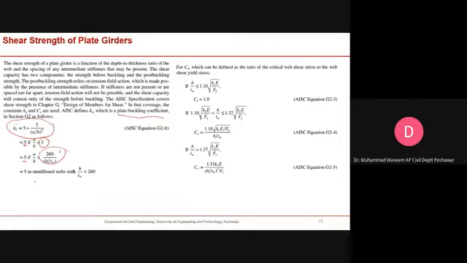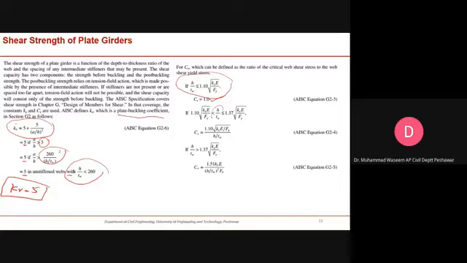If your girder is unstiffened, then you can use KV value equal to 5. For the CV value, if your aspect ratio is satisfying this equation, the CV value will be 1.